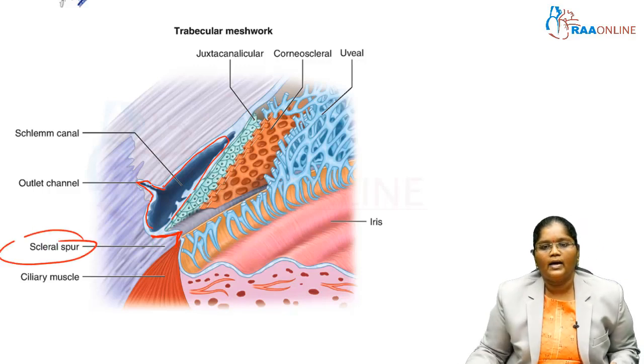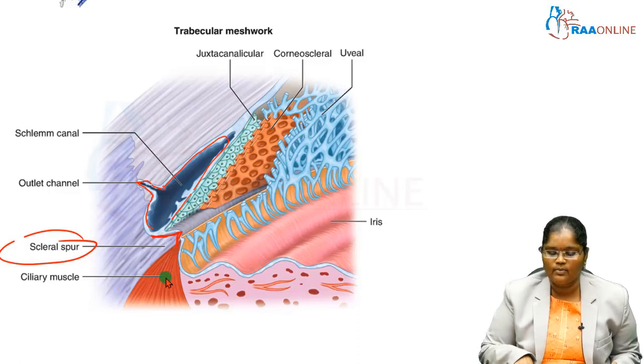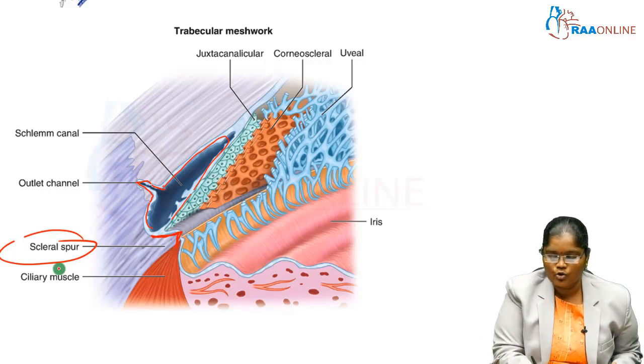The scleral spur is a triangular projection which projects forwards and inwards. See here, this is a scleral spur, this is the limbus region, so it is projected forwards and inwards, and it gives attachment to the ciliary muscle, which is a part of the uveal tract.